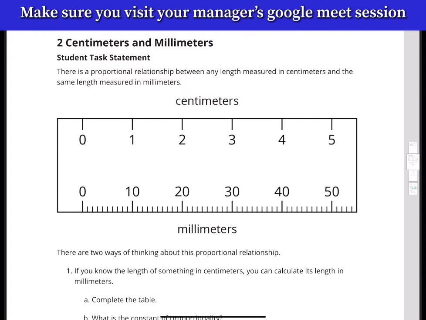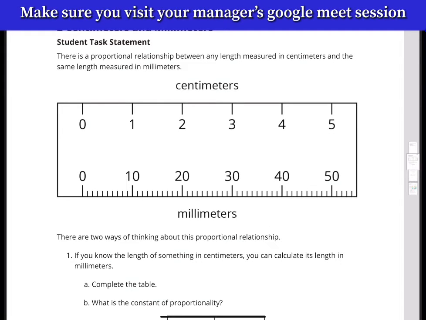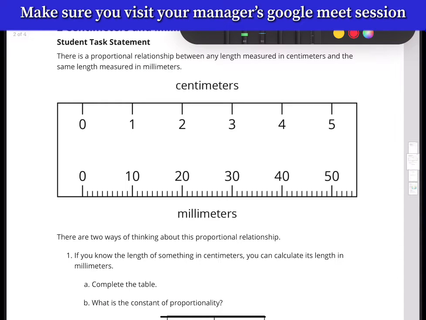Okay, so in our last lesson, we were kind of introduced to the constant of proportionality, but in today's lesson, we're really going to dig deep into it and how we can use it when completing these proportional tables. So I see this ruler, and it's a centimeter ruler, and what I see is one side is the centimeters, the other side is the millimeters.